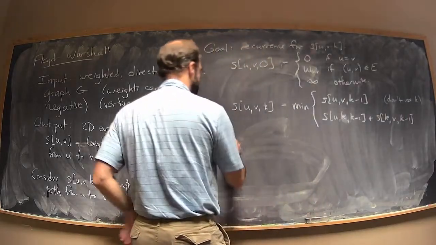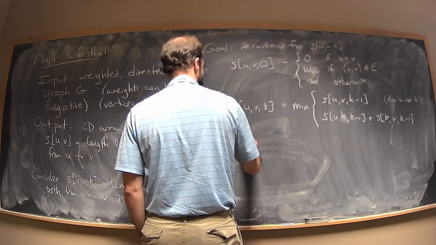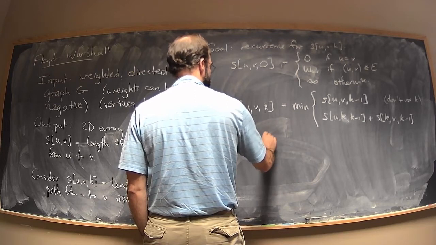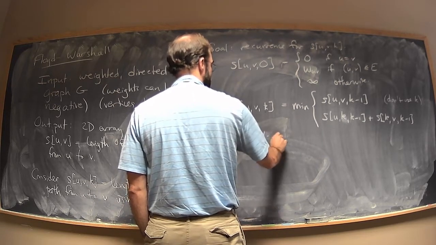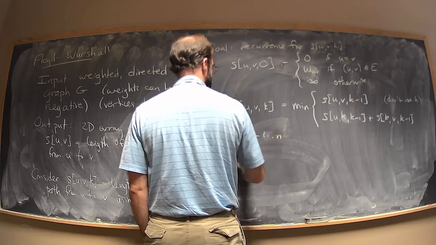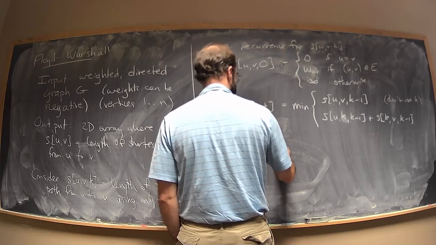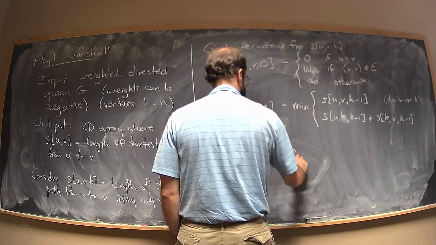So we would say, after we fill in the base cases, for k going from 1 up to n, and then for u, we look at all the possible u's, 1 to n, for v, 1 to n.